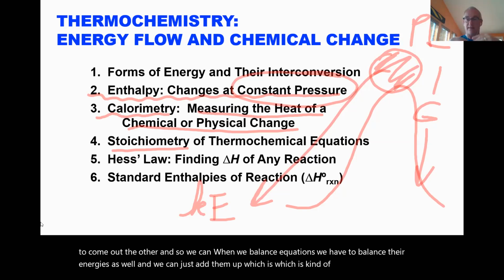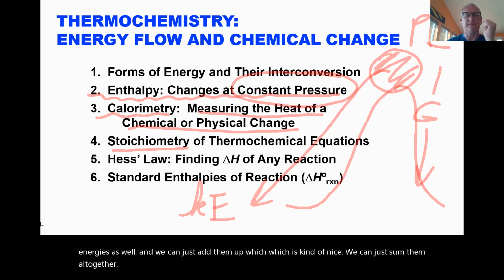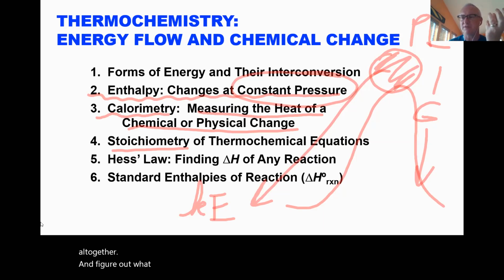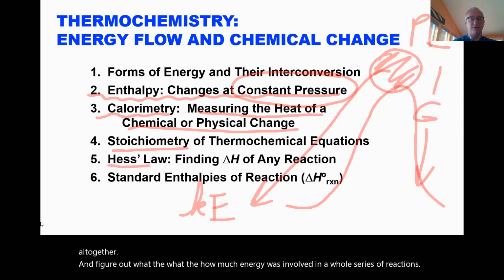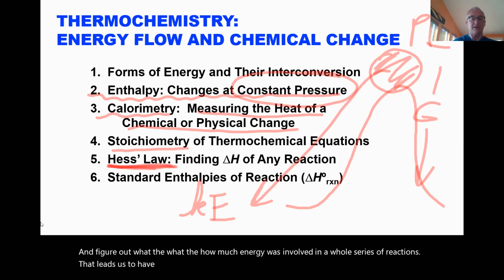We can just sum them all together and figure out how much energy was involved in a whole series of reactions. That leads us to Hess's law. And oh boy, you guys are going to love Hess's law.